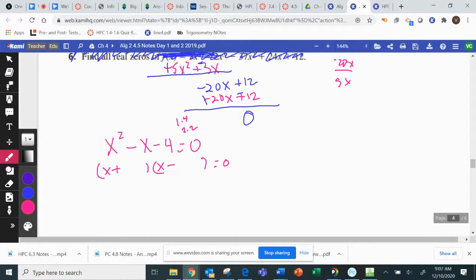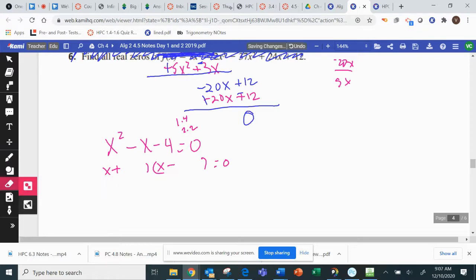How can I make a negative 1 in the middle with 4 and 1 or 2 and 2? Anybody? Jackson? You can't. Okay, you can't factor it.